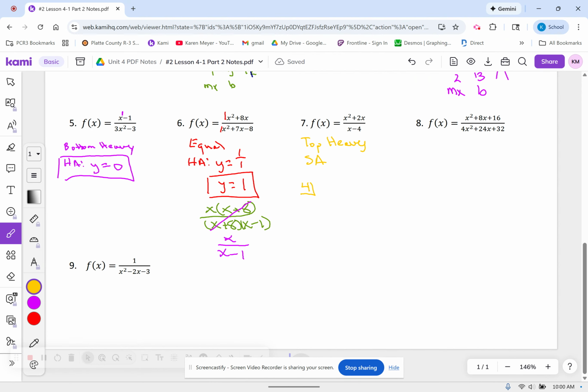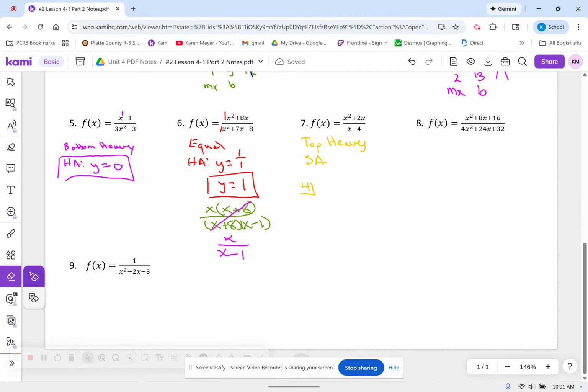And here's the reason why I don't want to use the simplified version: if you took an x out as a GCF, and then you had x, parentheses, x plus 2, this is too hard to get your coefficients for the top, for the row up here. So that's why on the slant, I would never suggest using the simplified version.